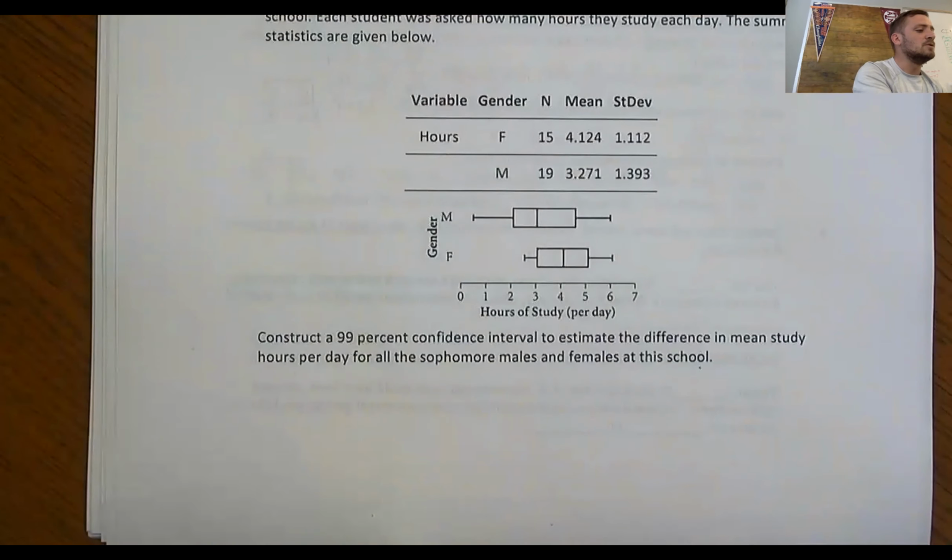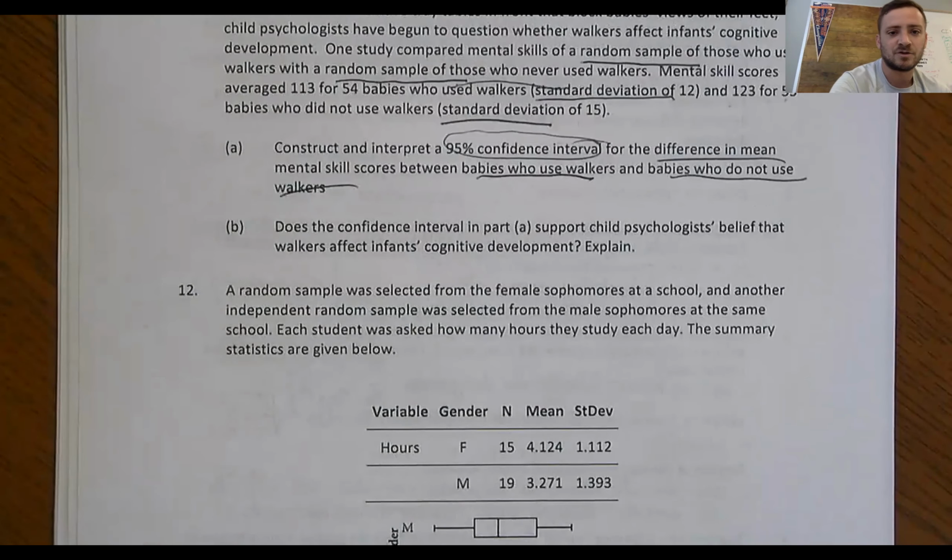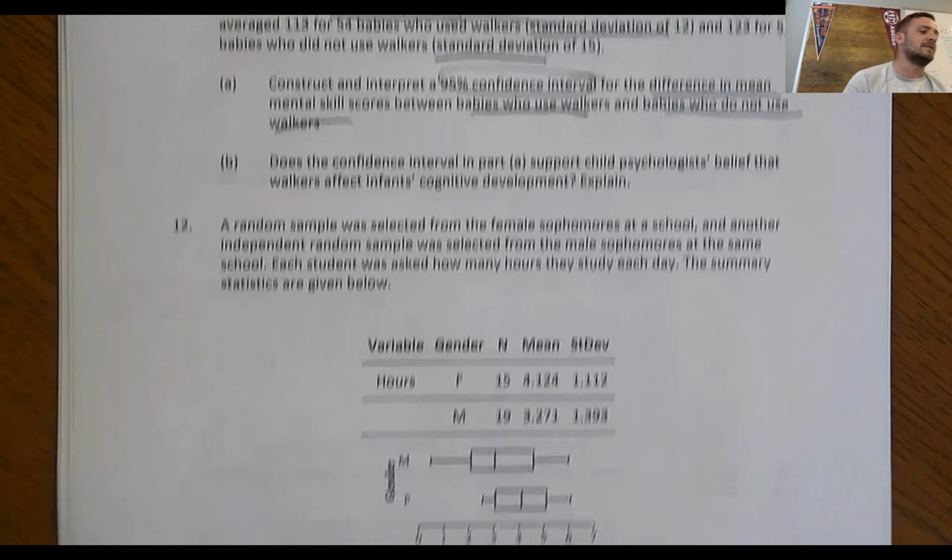Okay, so looking at part B on your question, we have now answered part A. Part B says, is there evidence, so does your confidence interval support the belief that walkers affect infants' cognitive development? We want to explain our answer.